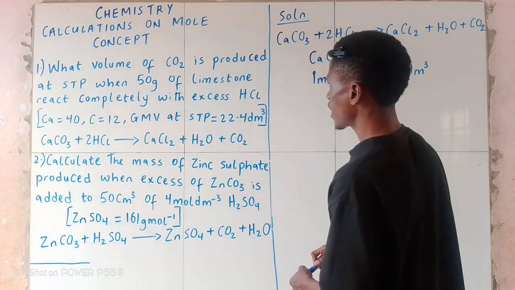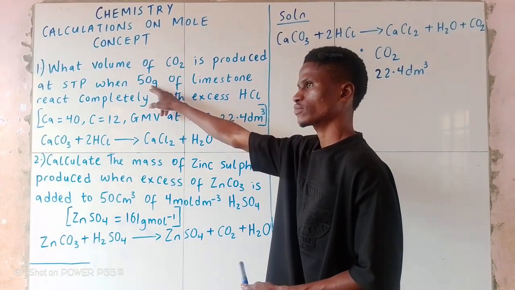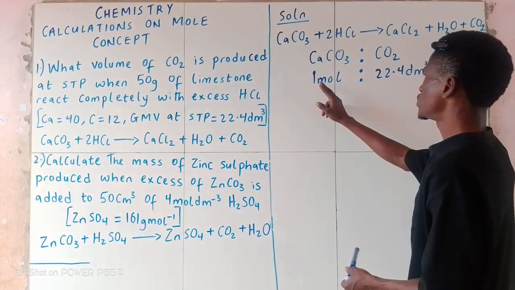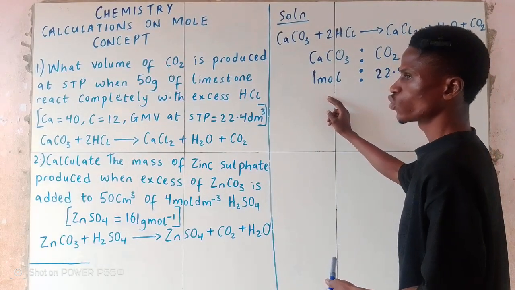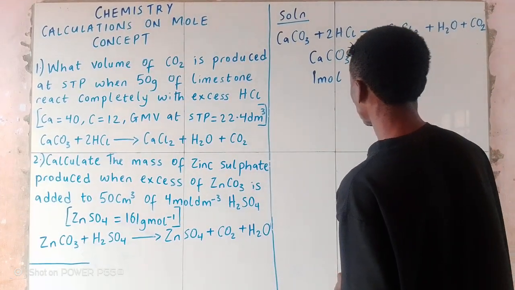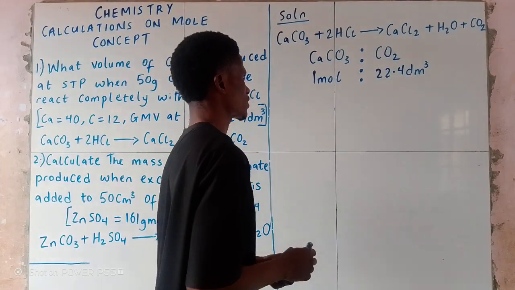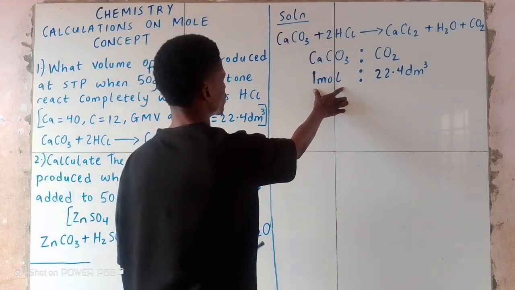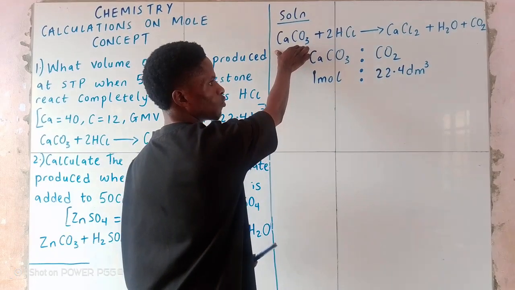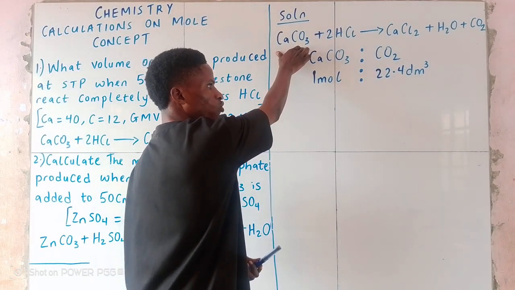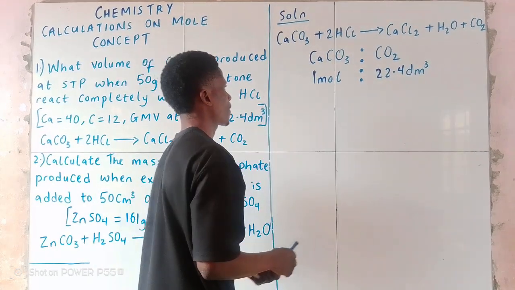Alright, let's check for limestone. I said we have mass for limestone. So in the place of mole, I'm going to put mass there. How do I go about that? I need to find the molecular mass or the molar mass of calcium carbonate.